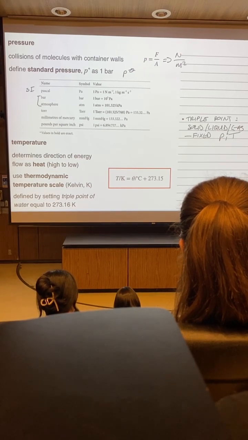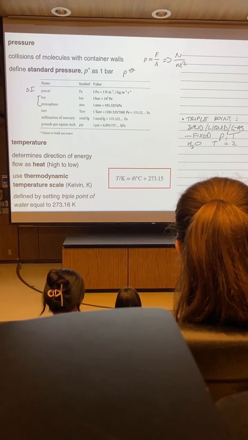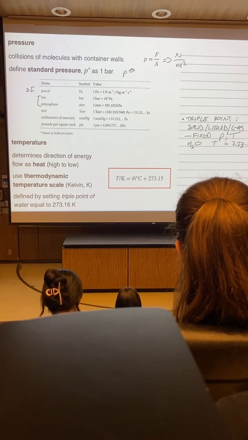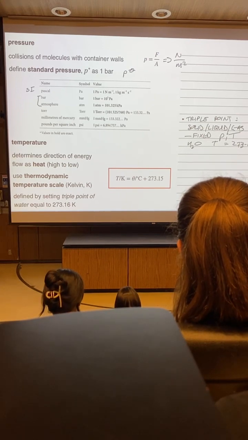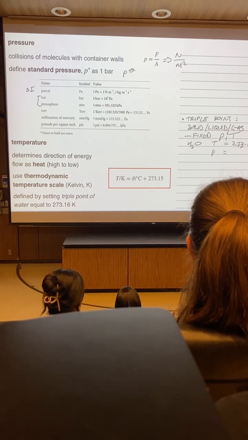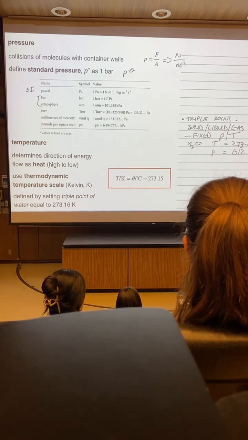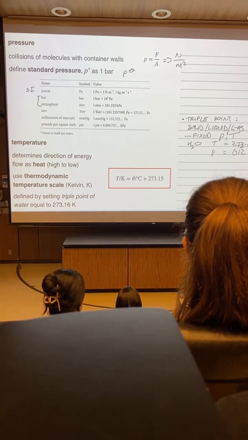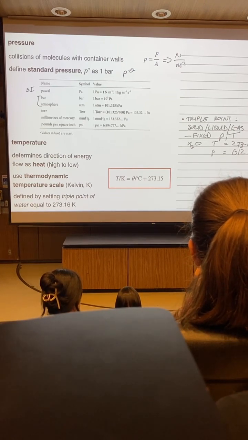And for water, the triple point happens at a temperature of 273.16 Kelvin, or 0.01 degrees Celsius, and at a pressure of about 612 pascals, or 6.12 millibar, so thousandths of a bar.